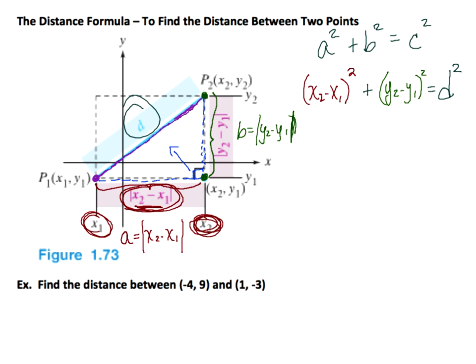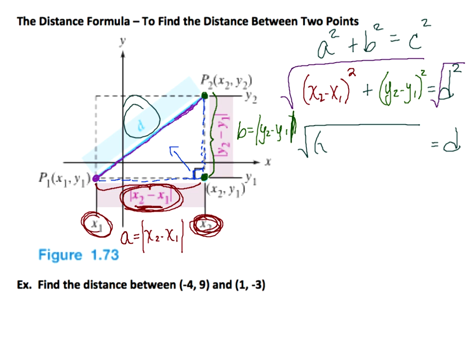So now I just need to solve for d to figure out what the distance is. Well, to get d by itself, since it's squared, I'd need to take the square root of both sides, and that leaves me with d equaling, it should be the positive or negative square root, but since we're talking about a distance, we only worry about the positive.